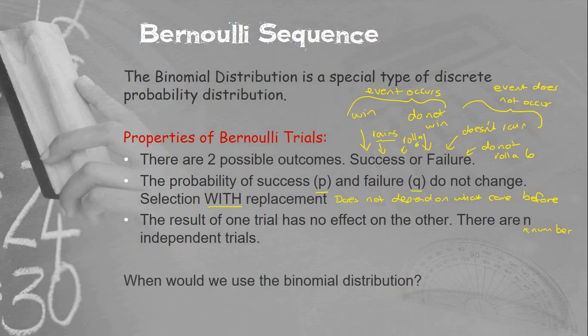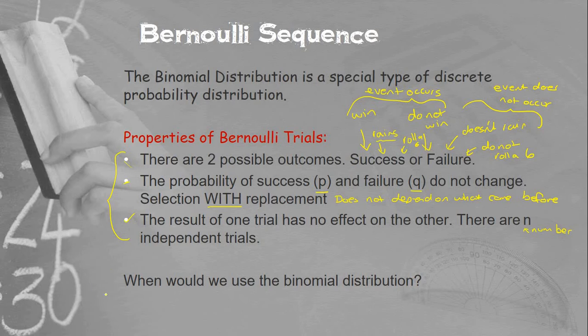So we need to think about when would we actually use the binomial probability distribution. To start with, we need these properties we spoke about. We need only 2 possible outcomes. We need the probability to not change, that's our second one, and we need the trials to be independent.